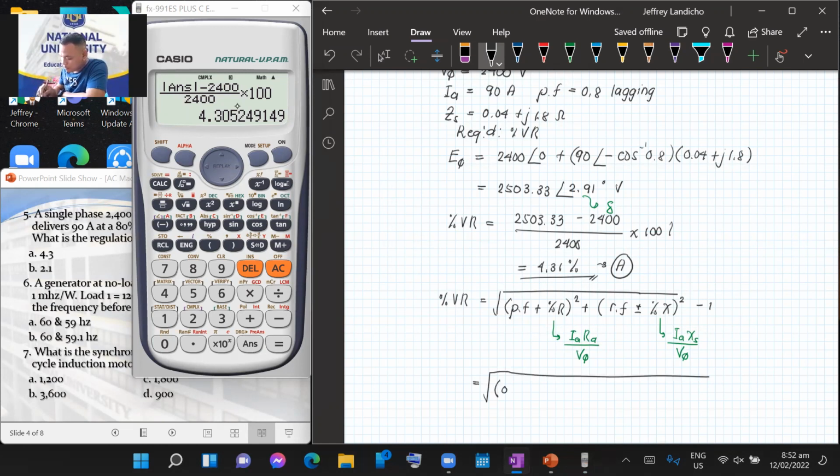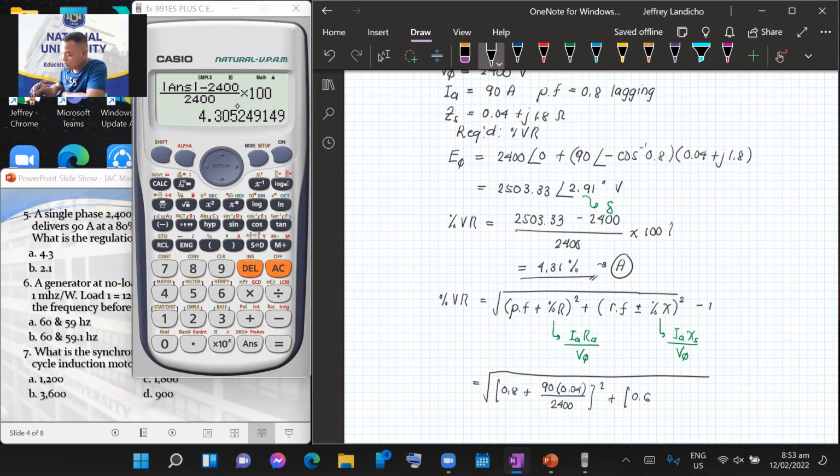So we know the power factor is 0.8 plus the armature current times the given armature resistance, 0.04, divided by the given 2,400, squared, plus 0.6, the reactive factor, which is sine of arc cosine of 0.8.